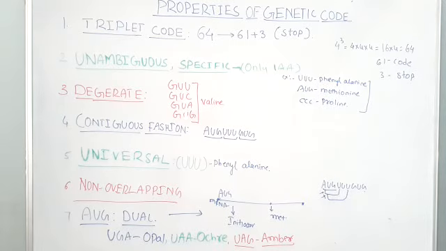So more than one triplet code codes for a single amino acid, and this is called degeneracy, or the degenerate property of the genetic code, because it is quite the opposite of unambiguous. Many such examples are mentioned in the genetic dictionary. You can copy those down, but one example is enough.